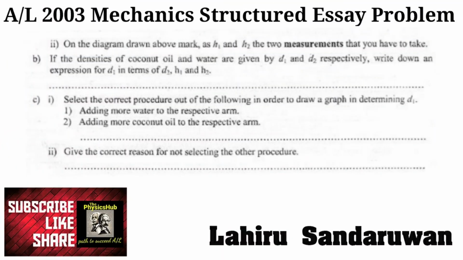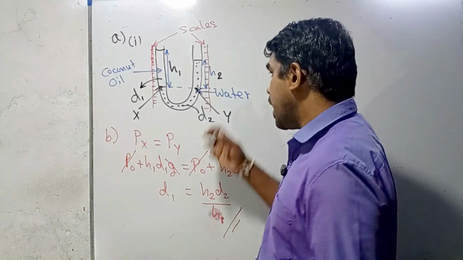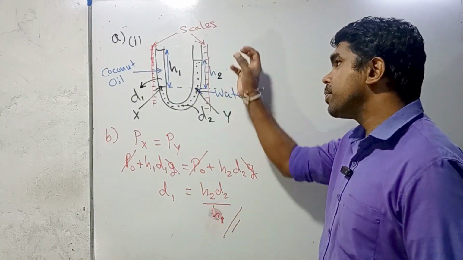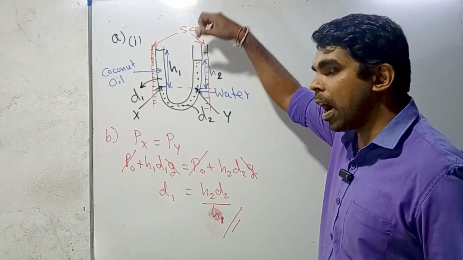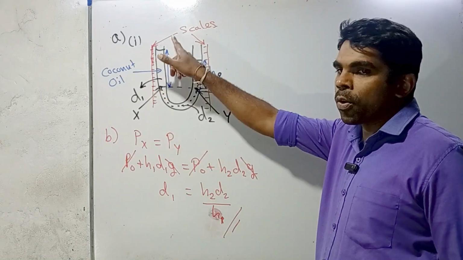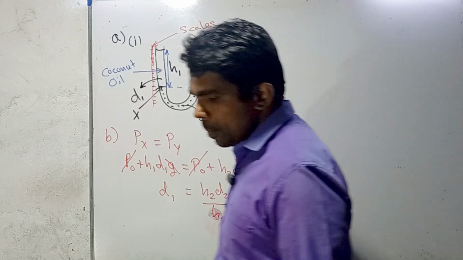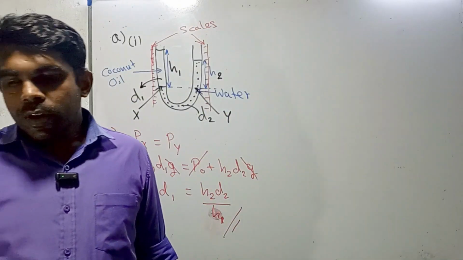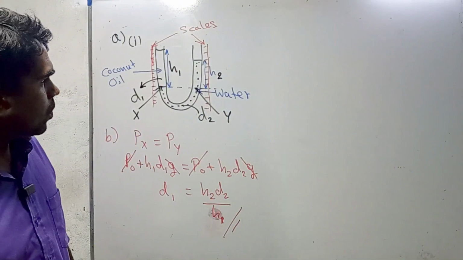Then part C1, select the correct procedure out of the following in order to draw the graph in determining D1. Add in more water to the respective arm, or add in more coconut oil to the respective arm. If we are adding water to the right hand side, it means this arm, we can't change the coconut oil height because the coconut oil amount is a constant value.